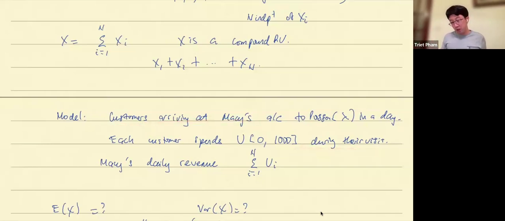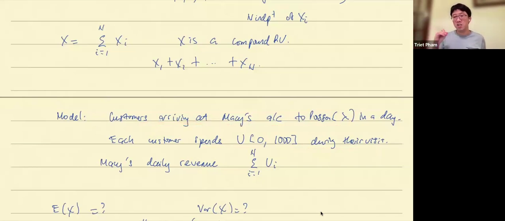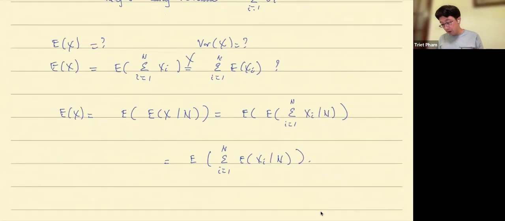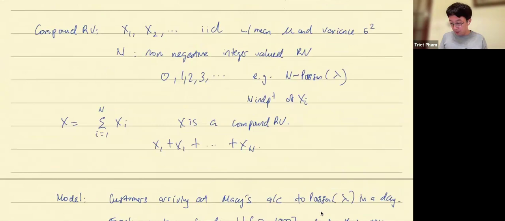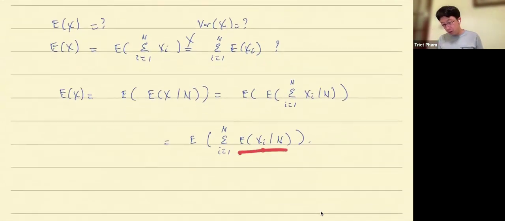We're saying this is the number of people arriving in a day. It's not the number the customers see when they arrive. These are two different things. Anyway, n being independent of xi allows us to drop the conditioning. That's very important.